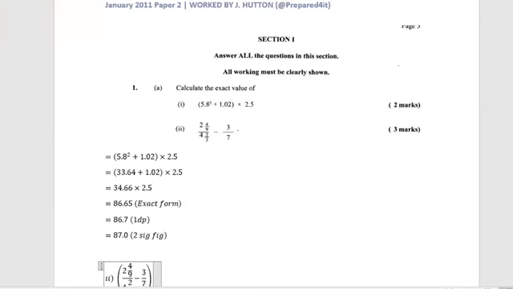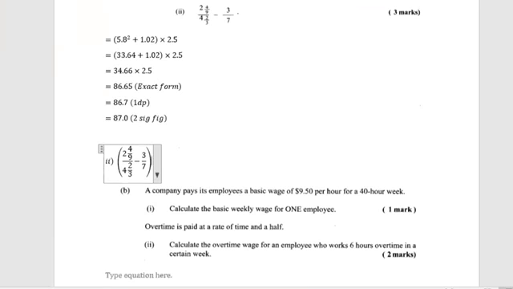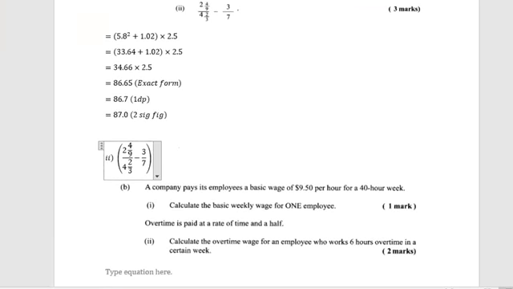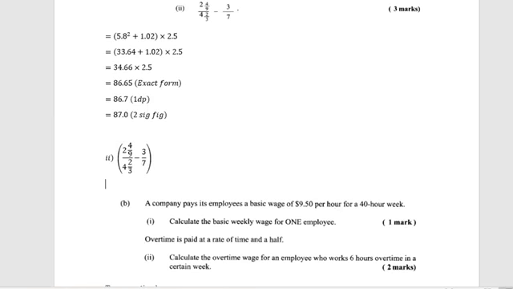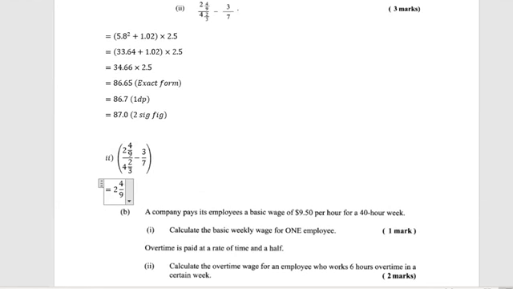So what I'm going to do first is to work the first fraction here that is given, which is the 2 and 4 over 9 divided by 4 and 2 over 3. So that will look like 2 and 4 over 9 divided by 4 and 2 over 3 minus 3 over 7.